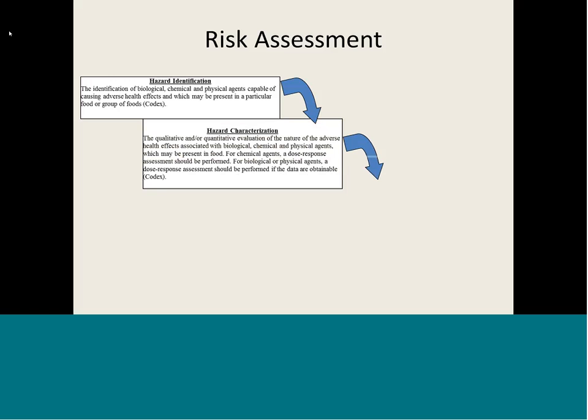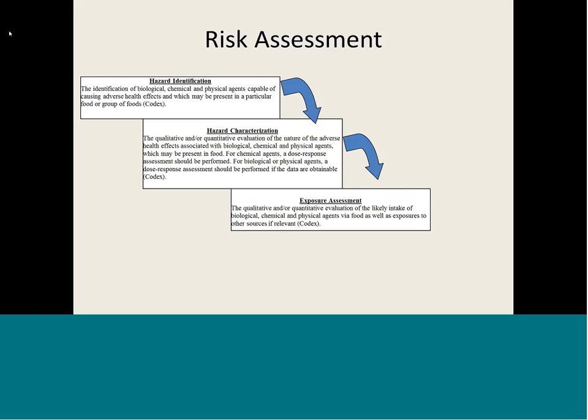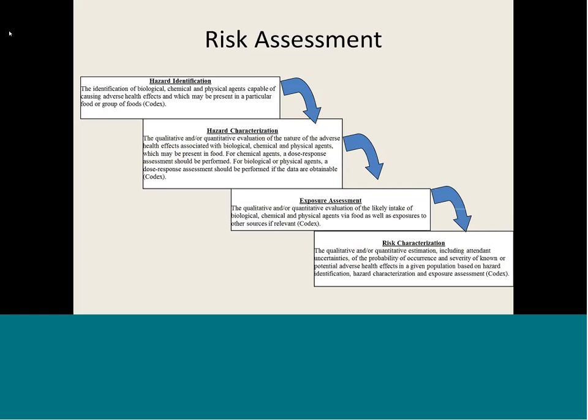Once you've identified what harm can be done, then the third step in the Codex model is an exposure assessment. And this is essentially where you describe how human beings come in contact with that hazard that you identified in the first step. These 3 steps involve a lot of science. They will also generally involve a lot of uncertainty as well. They all culminate in this 4th step called risk characterization.